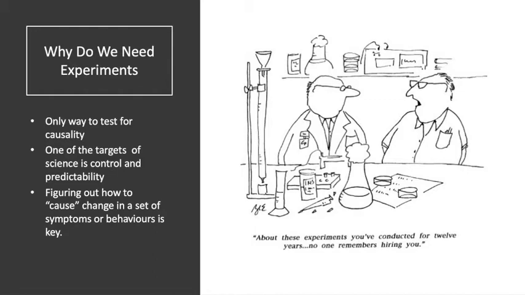Okay, and that is really a key criteria in designing interventions. For example, for psychological symptoms, in designing interventions for memory problems, we need to know what causes the change. Otherwise, we cannot replicate our findings.